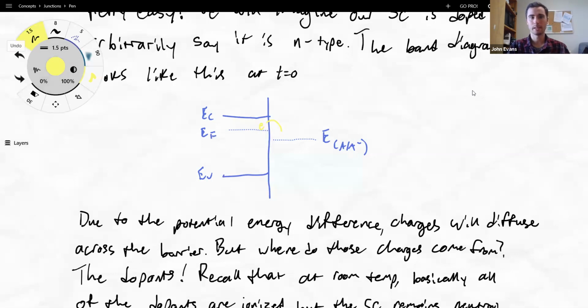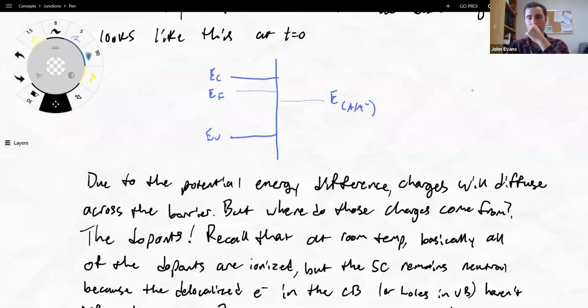There's going to be an abundance of electrons on the semiconductor side of our junction. Charges are going to flow into the solution. Now, where are those charges coming from? In the last lecture, we talked about how they're coming from some of these little atoms in the lattice. But since we're working with a doped semiconductor, those charges are mostly coming from the dopants, right?